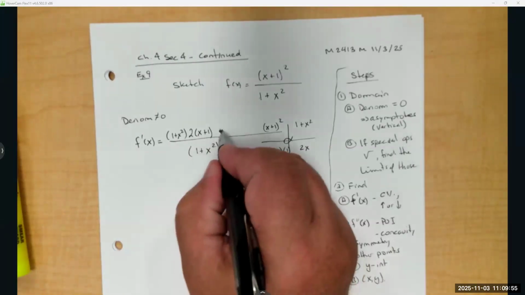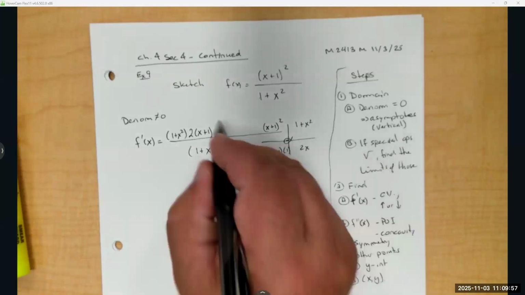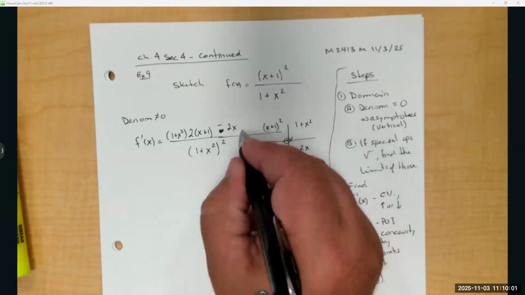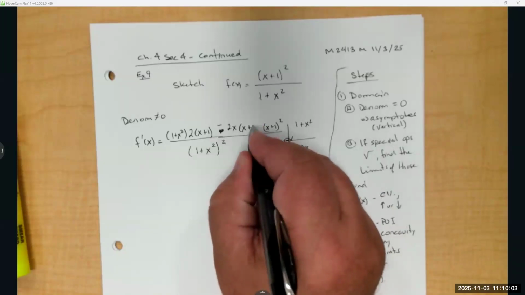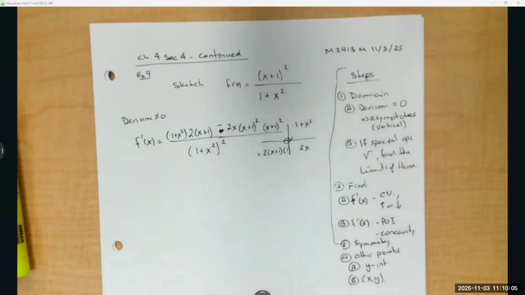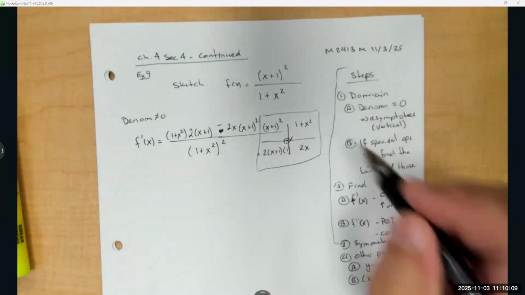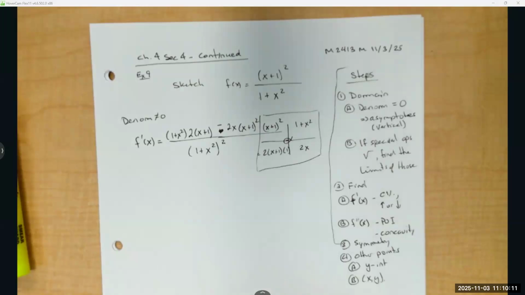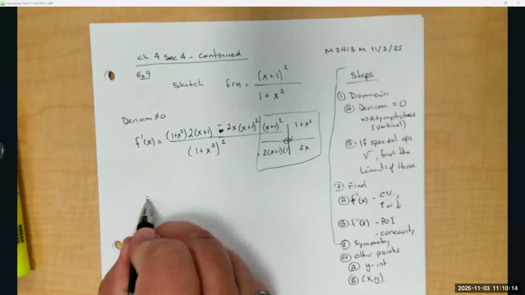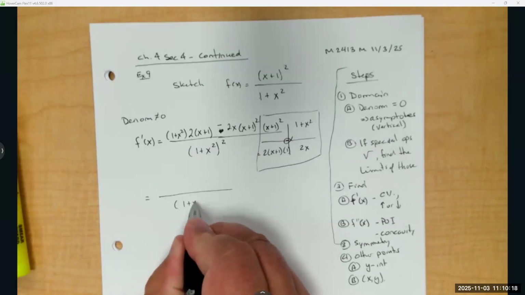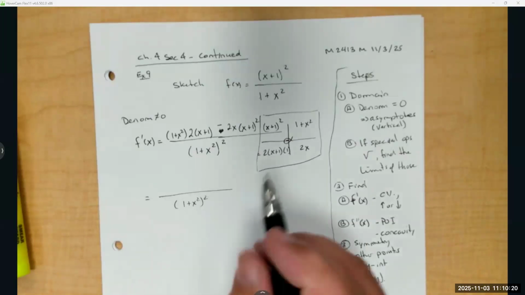Oh, so it's a quotient, so it's a minus. 2x times x plus 1 squared. So simplifying this, over 1 plus x squared squared.